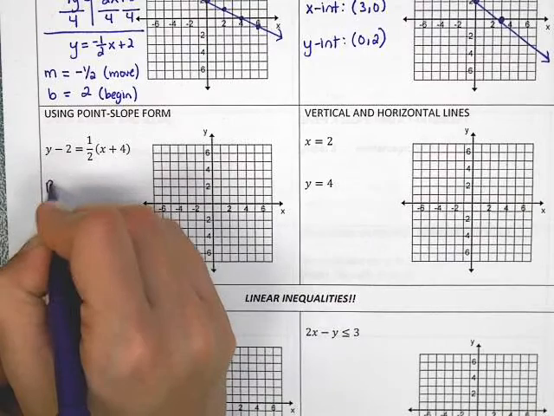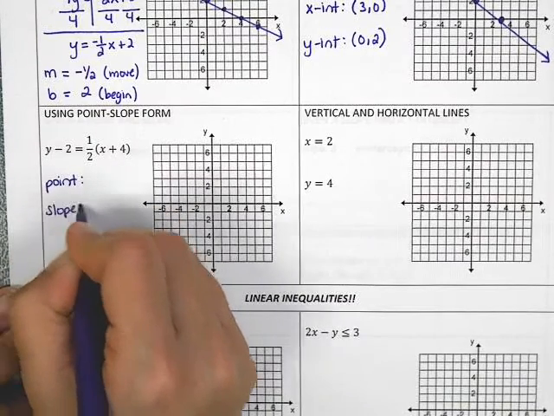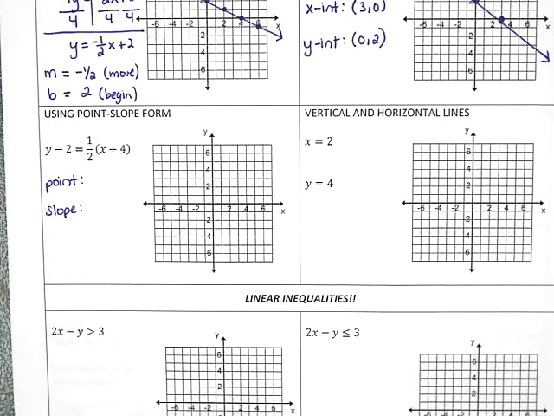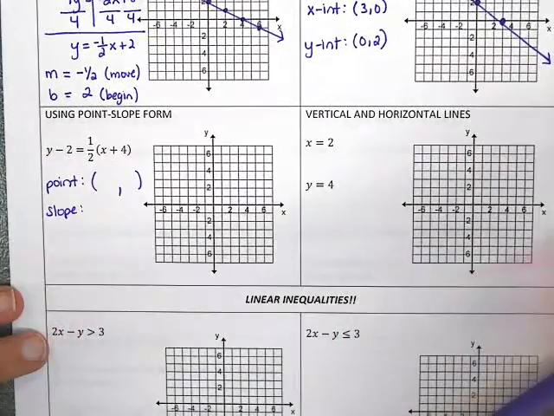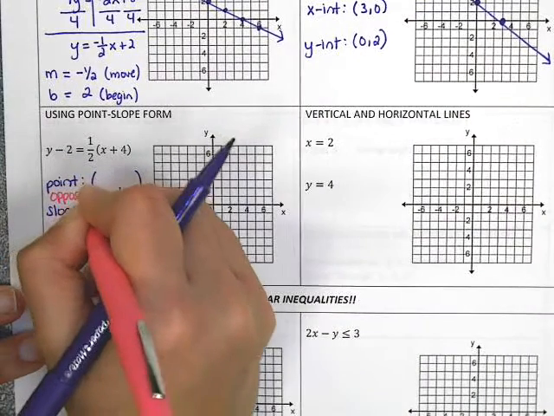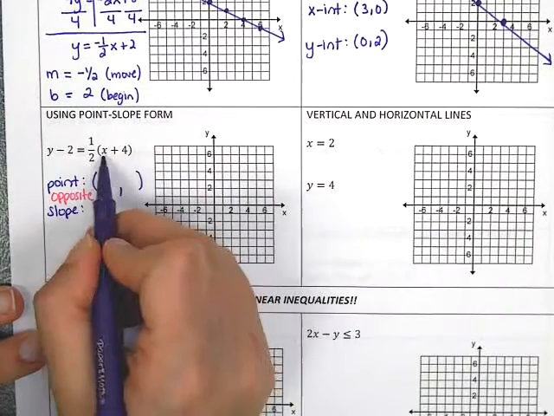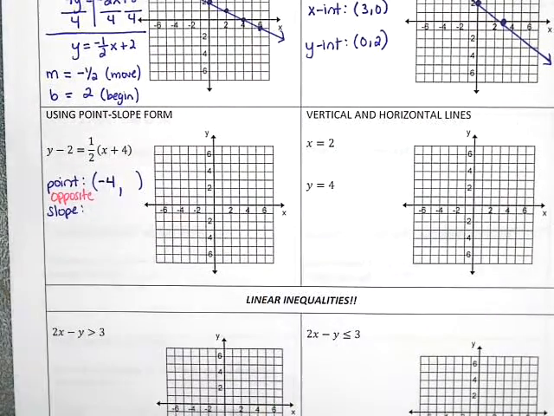In order to graph this one, I'm going to need to figure out the point and the slope that were originally in the problem. So to figure out the point, I know I'm going to need an x and a y. And the point, the values are always the opposite numbers of what you see. So by the letter x, I see a positive 4, which means the x would really be a negative 4.